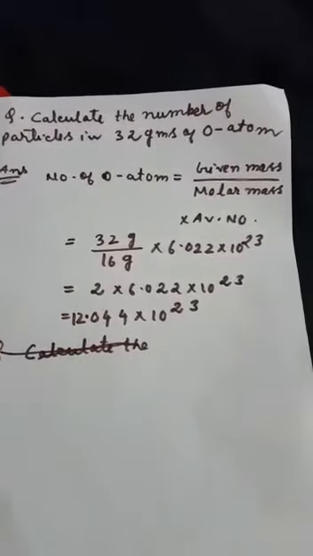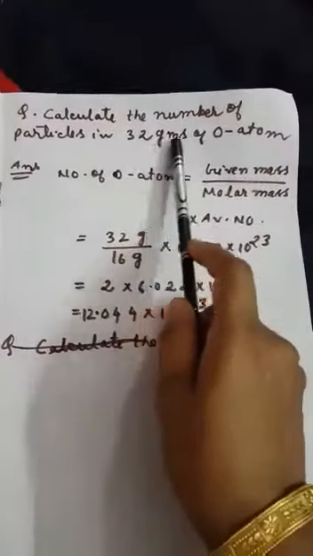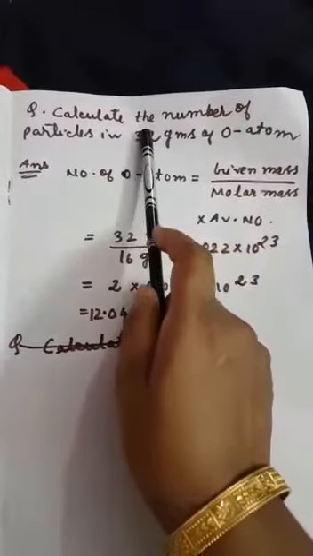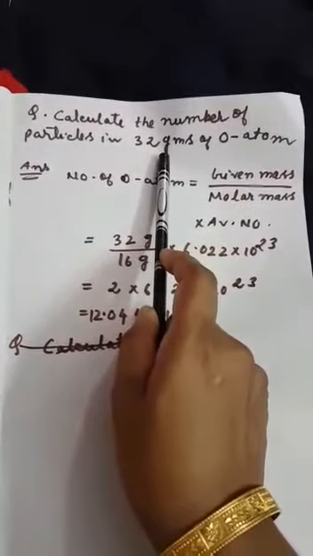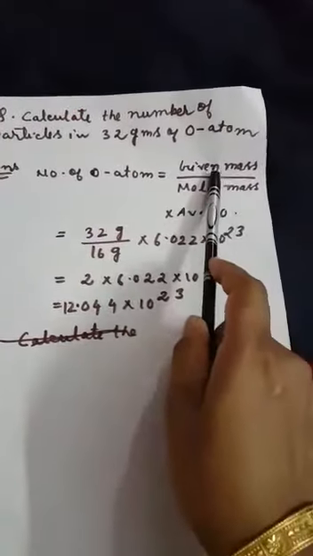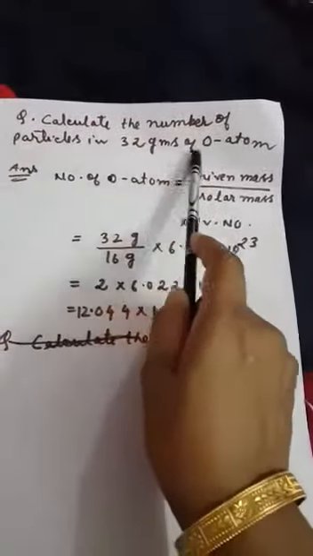Now the question may come: calculate the number of particles. Similarly, the number of particles is asked but mass is given. It is asked number of particles, not the mass. So this formula you have to use: given mass by molar mass into Avogadro's number. And for what is it asked? Oxygen atom.